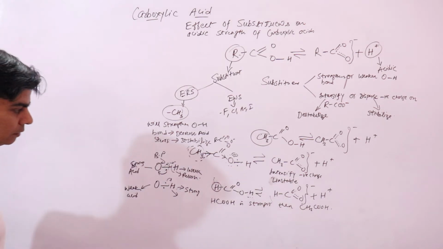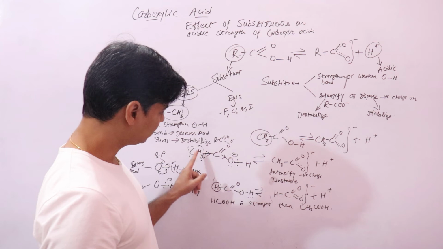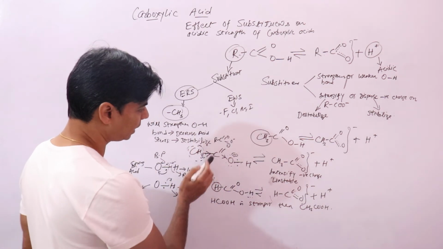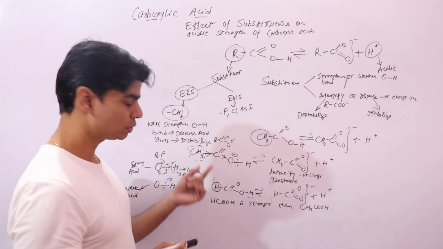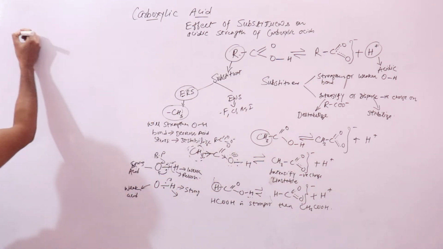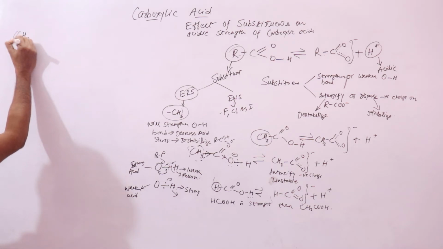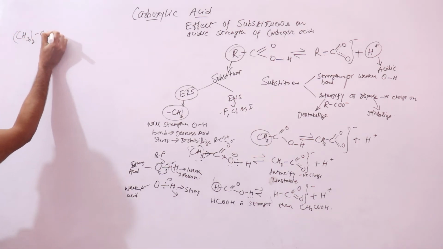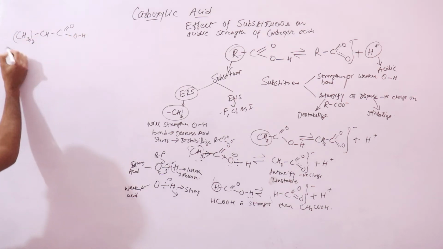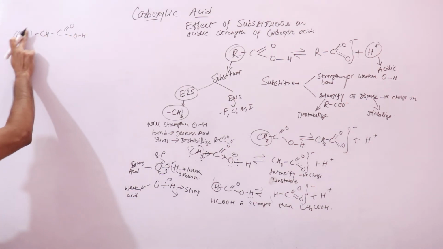Now, the other important thing that we need to look at is, here this acid has only one methyl group, right? Now suppose it has more methyl groups. Suppose this is the acid. It has two methyl groups, right? So both methyl groups, let's write it like this.